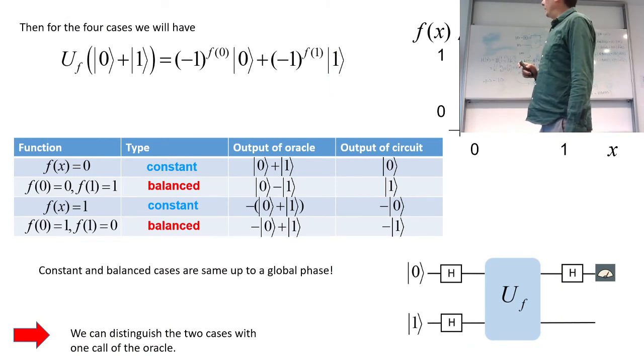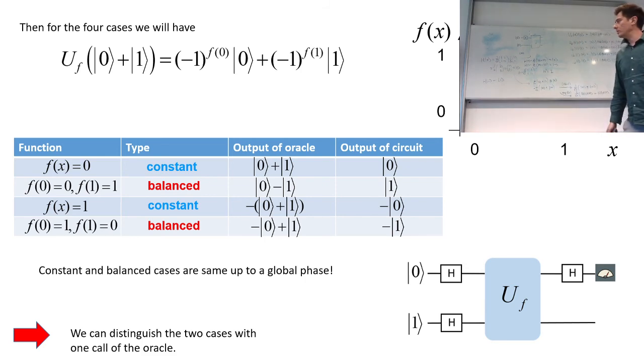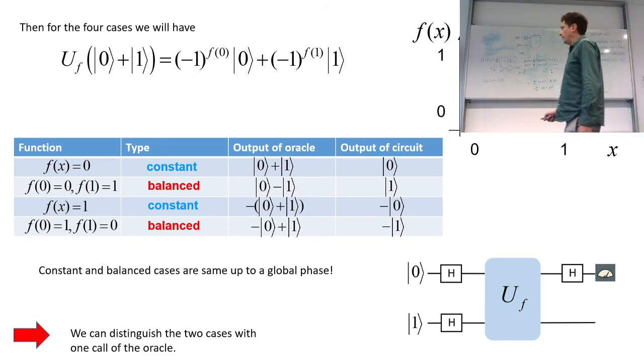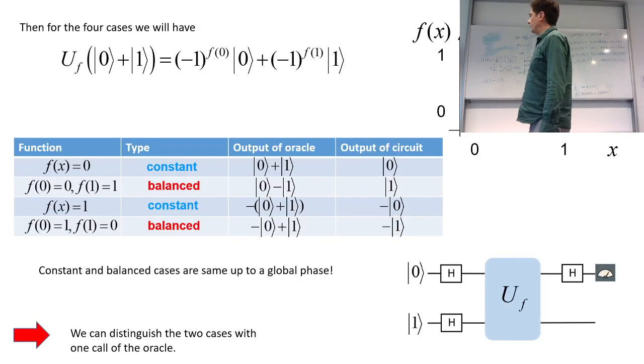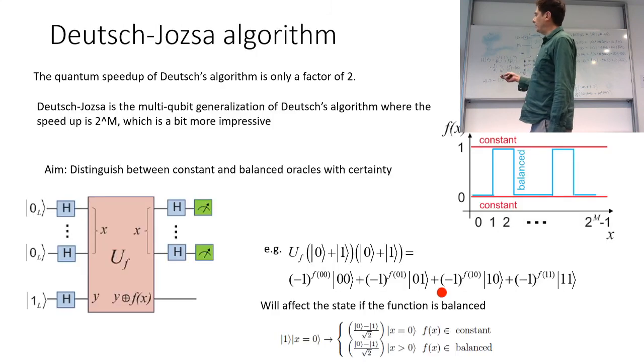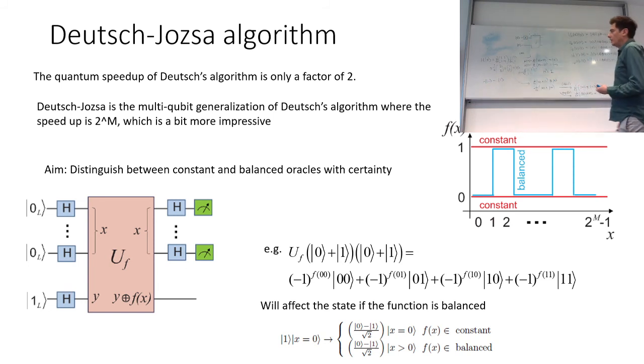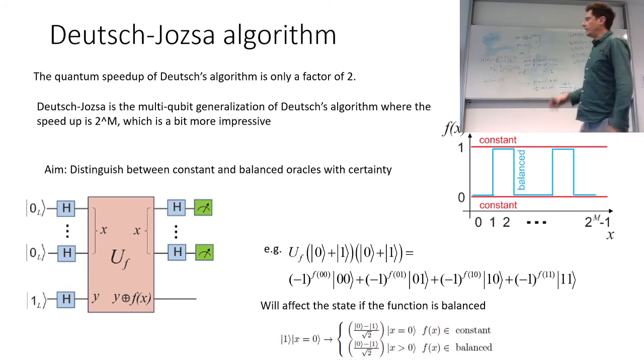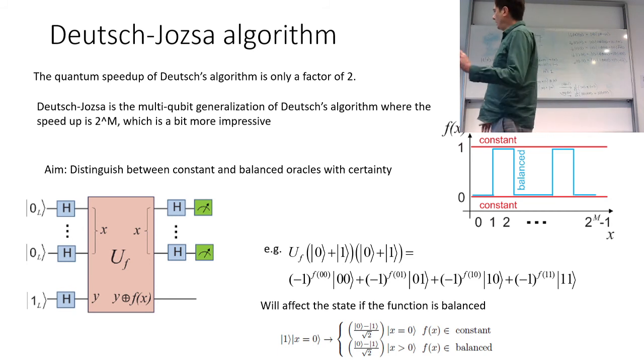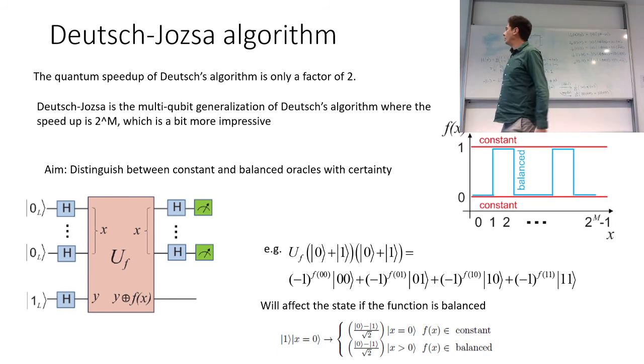And the great thing about this is that we did this all by only calling the oracle once. So this is a factor of 2 speed up compared to the classical case. In the classical case, you have to call the oracle twice to figure out whether it's constant or balanced. In this case, you can do it with just 1 call.